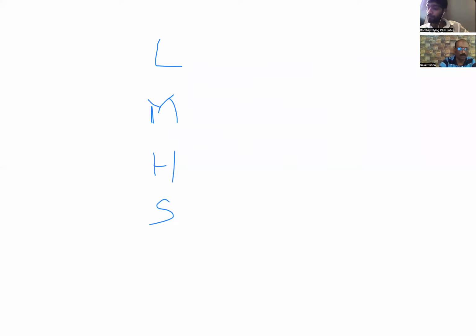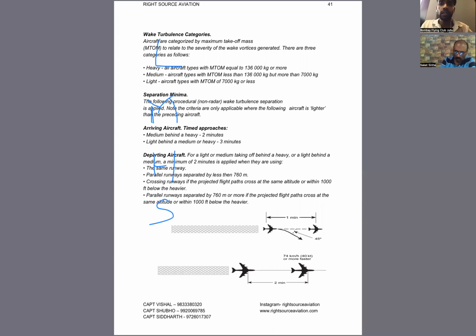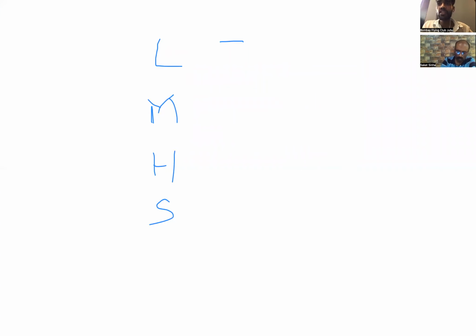No, sir. So, aircraft are known as light aircraft when the weight is less than 7,000 kg. Medium aircraft is when the weight is between 7,000 kg and 136,000 kg.